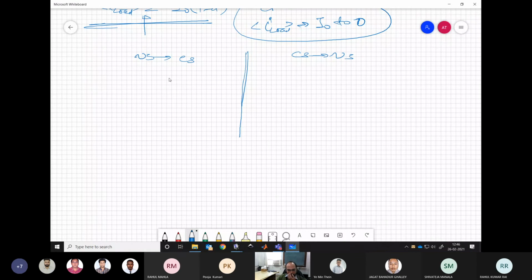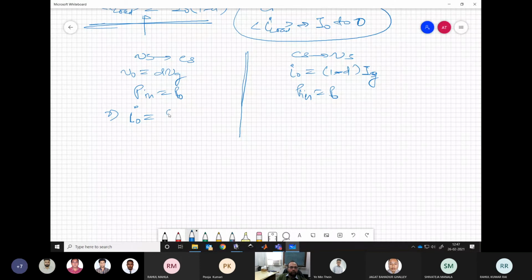In the first case we have V output equal to D times Vg. Here we have I output equal to 1 minus D times I source, Ig. Because for both cases P in is equal to P out, in the first case the current output will be equal to 1 by D times the current source, and here the voltage output is equal to the voltage source divided by 1 minus D.